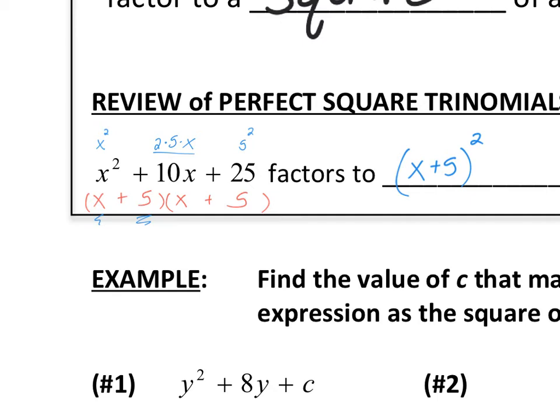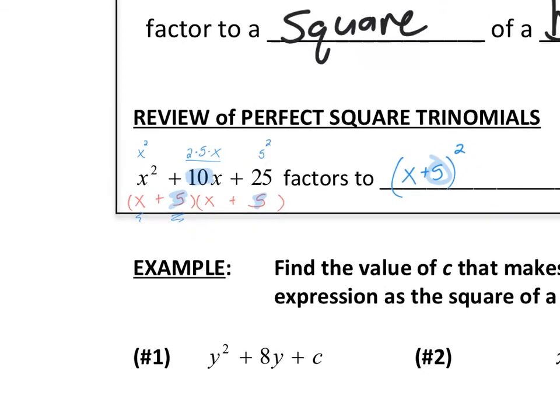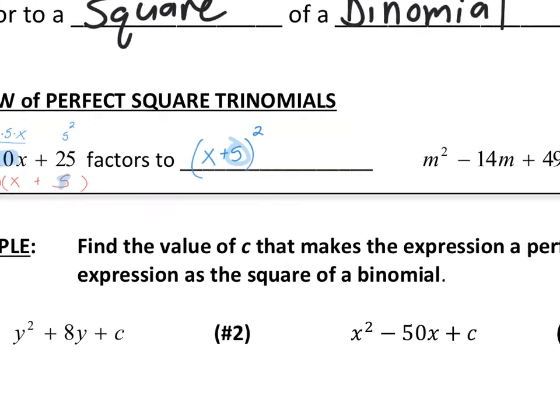So what you should be aware of is when you factor it, you take this number divided by 2 to get this number. Right? 10 divided by 2 is 5. Okay, and that's how these work out. They're kind of a special trinomial.